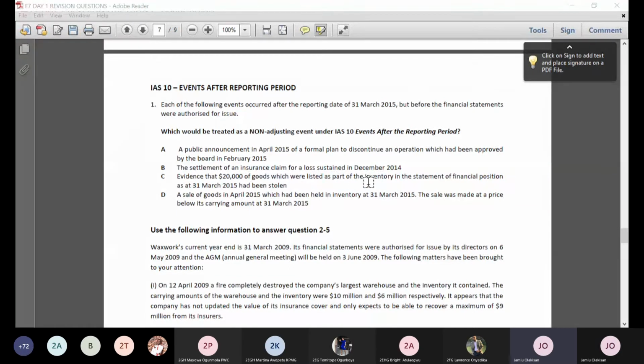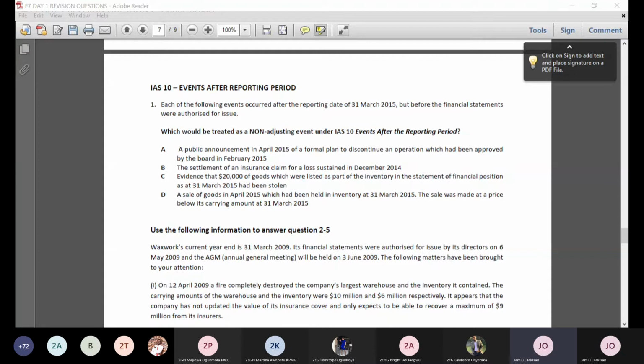So if settlement took place, that is an adjusting event. C, evidence that $20,000 of goods which were listed as part of the inventory in the statement of financial position as at 31st March 2015 had been stolen. That is an adjusting event. A sale of goods in April 2015, which had been held in inventory at 31st March 2015.